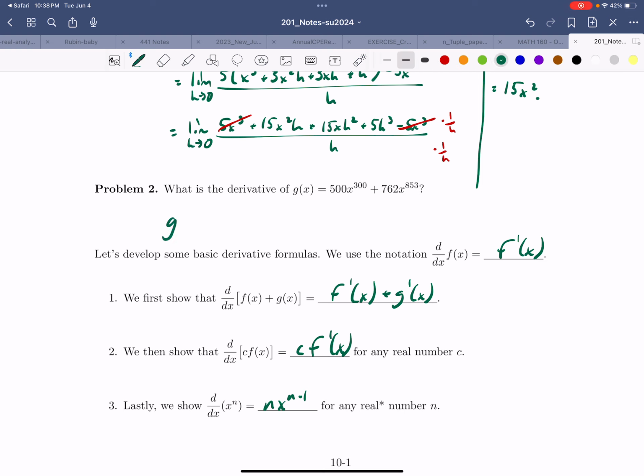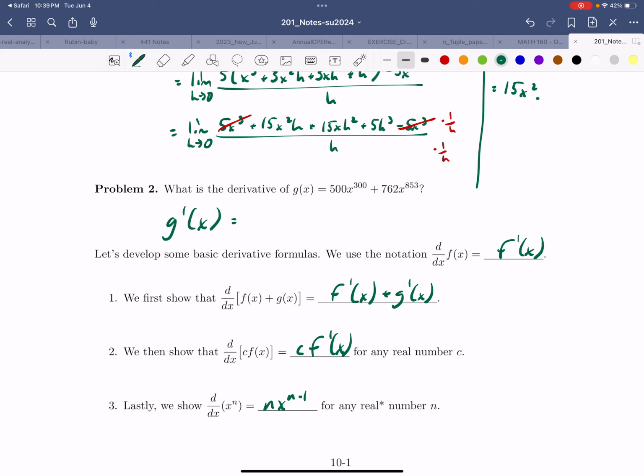Well, this big, bad, ugly-looking problem is really just going to be 150,000 x to the 299. I won't write it simplified because I don't know how to simplify that other one.